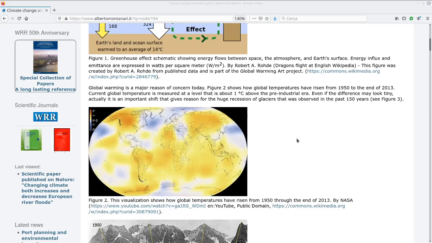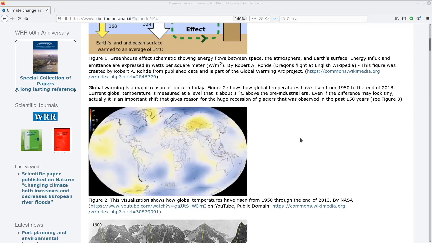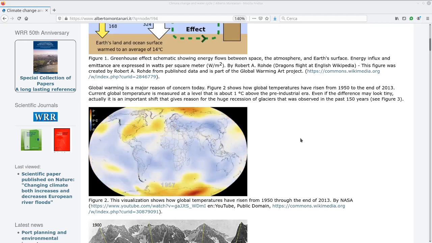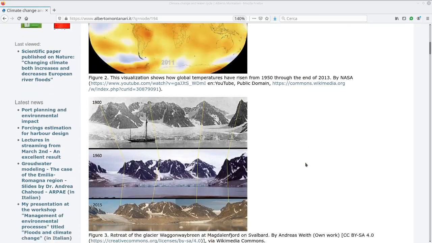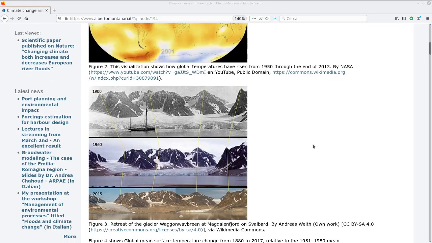It's a warming that is subject to uncertainty in the estimation, but it's a reality, because if you look at glaciers, and you can find many similar pictures like the one that I'm showing here, it's clear that there has been a considerable warming with a pace that I'm going to describe in a few minutes.